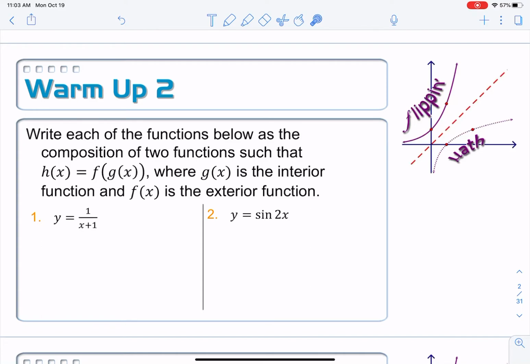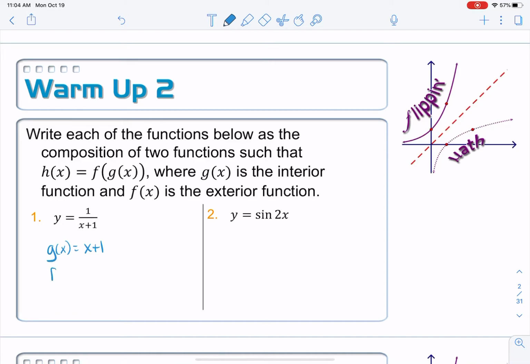Okay. So on number 1, you might go, this doesn't even look like a composition of functions. I don't see anything inside of another function, but you can think of it that way. The interior function is x plus 1. x plus 1 is being stuck inside of another function. So I'm going to say that g of x is equal to x plus 1. And then what function is it being composed with?